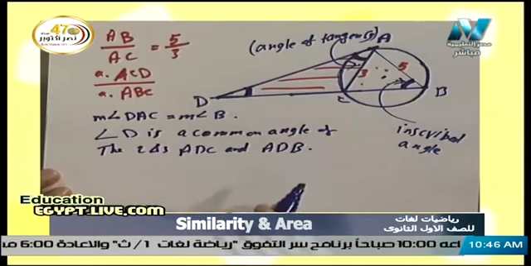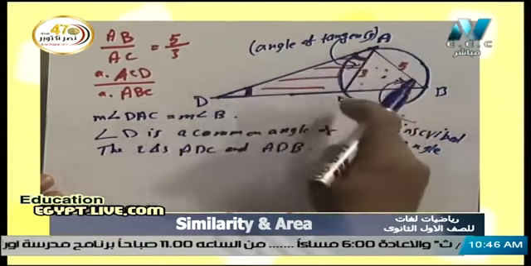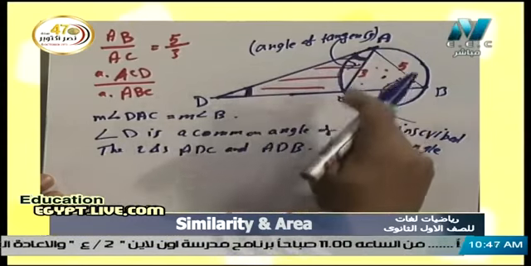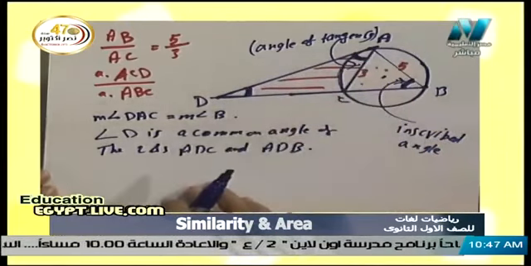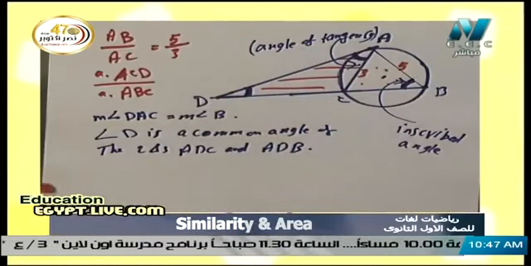So now we can say easily that triangle ADC is similar to triangle ADB, but be careful about the corresponding angles.